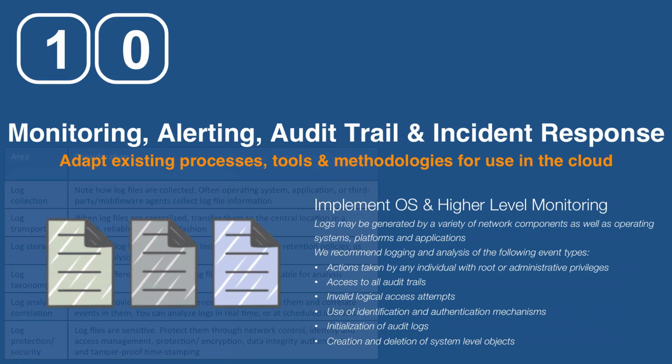So it's important to implement OS and higher level monitoring, so that for the areas in your security scope in that shared model, you have good visibility and the ability to analyze logs gathered from a variety of different sources within your infrastructure, from operating system and application through to some of the security services that you may run on EC2 instances, and to use those logs to give you visibility of things like invalid logical access attempts or authentication mechanisms that might be used legitimately in your environment that you may need to report upon.